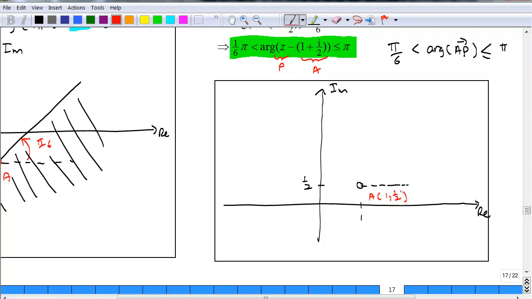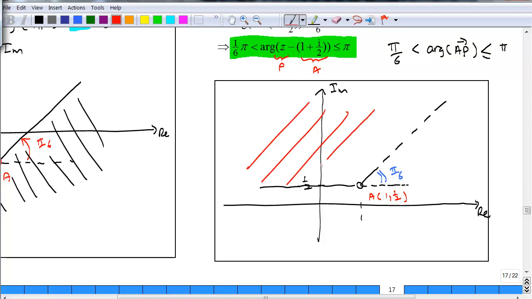So it actually extends from the upper bound, and the lower bound for this case is pi over 6, which is this. Because it says strictly bigger than, you draw a dotted line, and you know that this angle is pi over 6. So the region that you're interested in is actually this region.